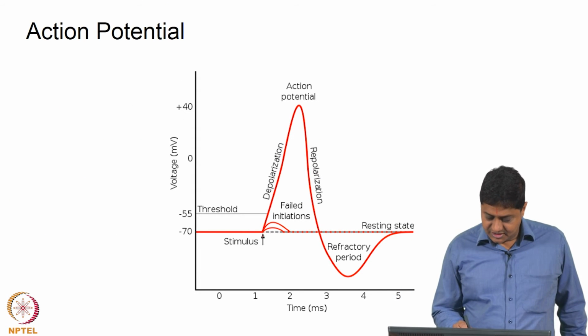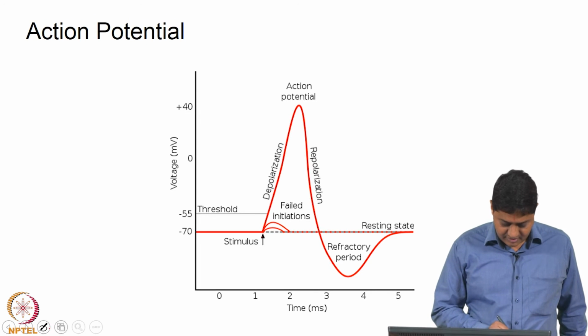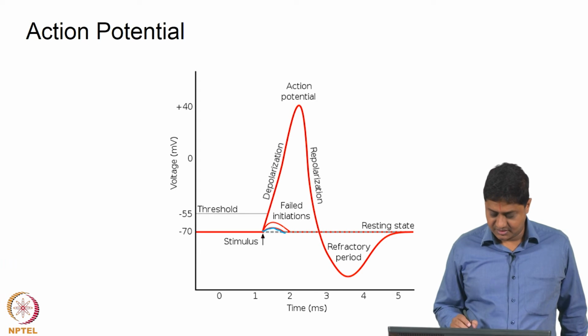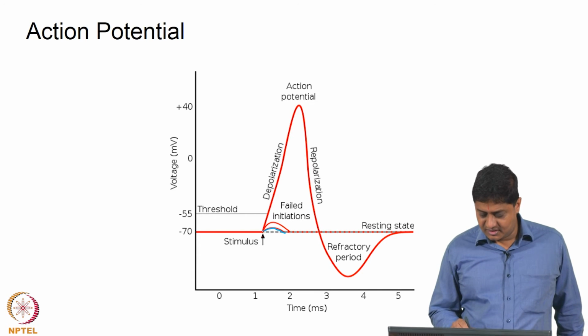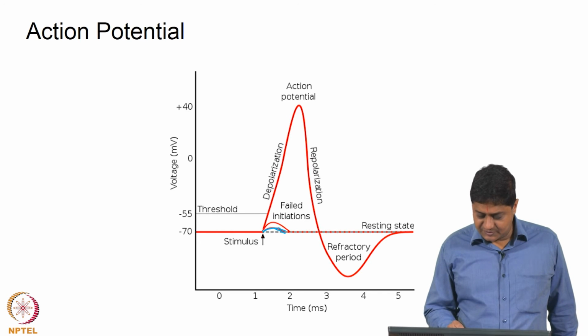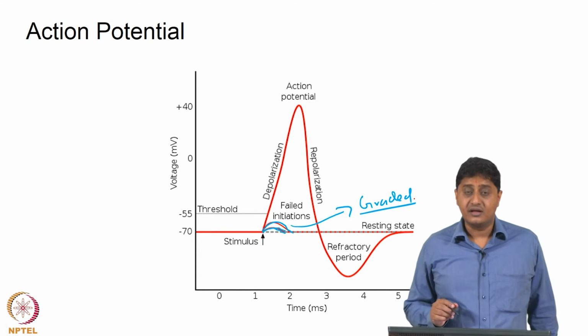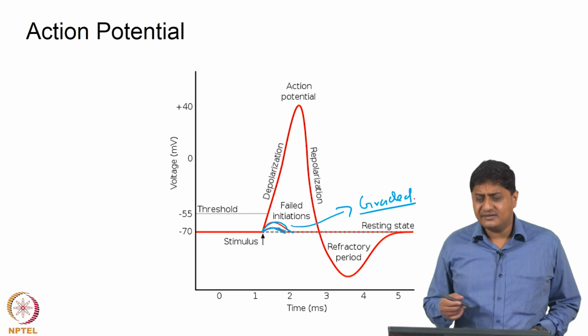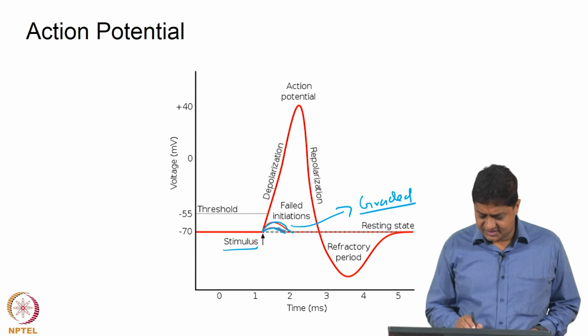Another example. Suppose a stimulus is applied here and that is having a particular strength, say that much. Then the response is of some strength. Suppose I increase the stimulus strength, then the response strength also increases. These are graded potentials. Now, what are the kinds of things that could act as stimuli?